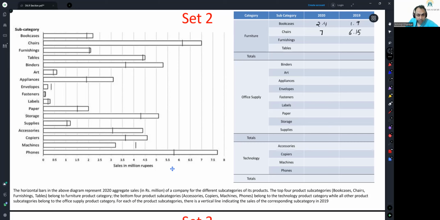Furnishings goes up till 2.15, and 2019 data I'm taking as 2.05. Now tables goes up till 4.5, and just prior to that, 4.4.